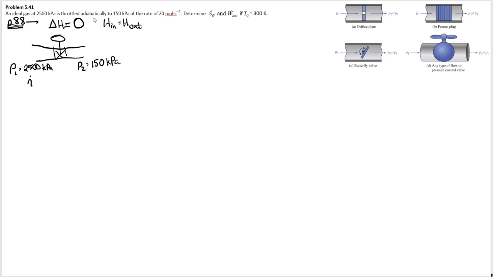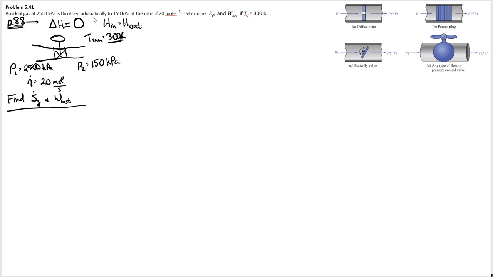Mole flow rate, n dot, is 20 moles per second. And we want to find entropy generation and lost work. T surroundings is 300 Kelvin. All right, so that's our problem.